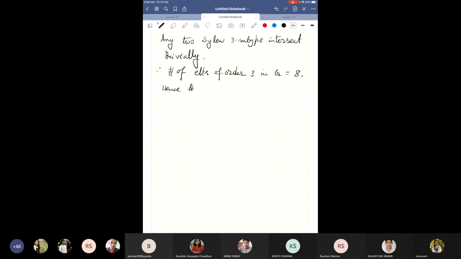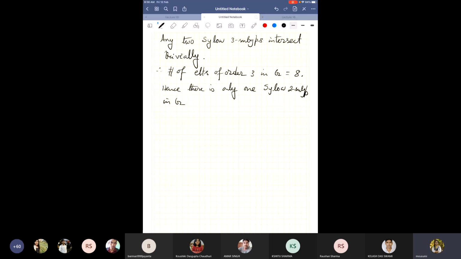Hence, there is only one Sylow 2 subgroup in G. Therefore, H is normal.